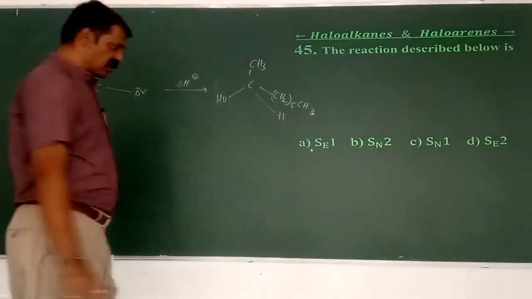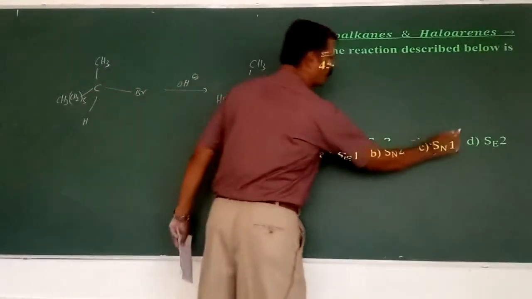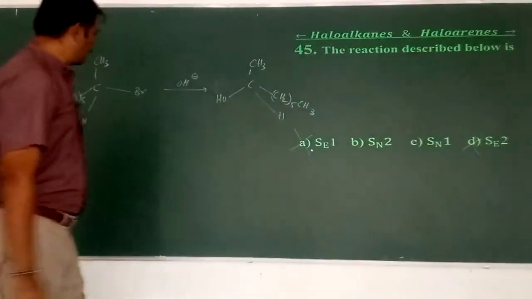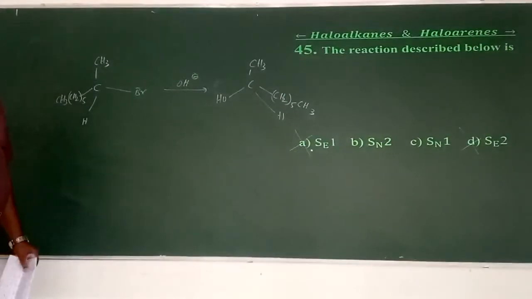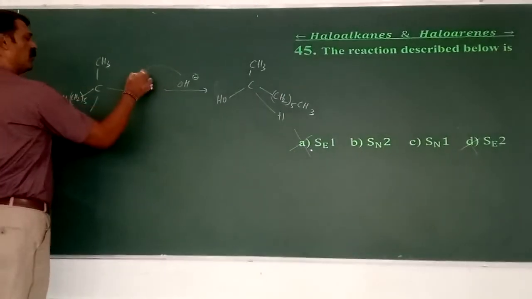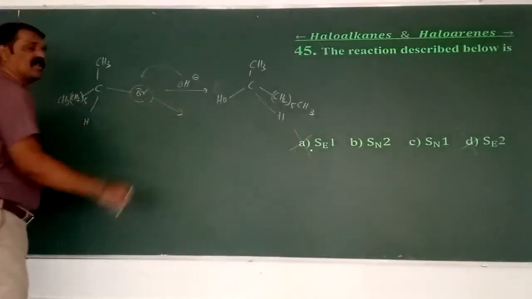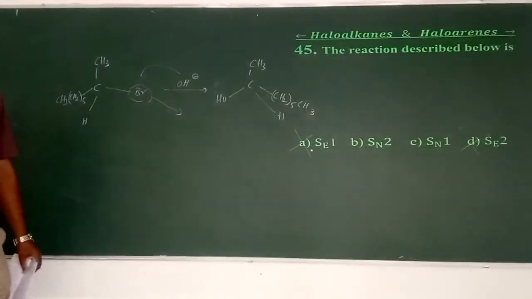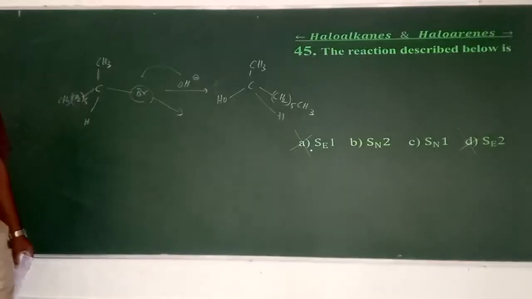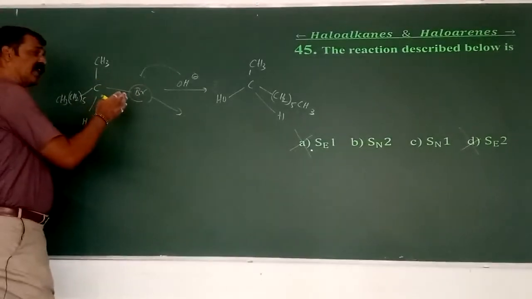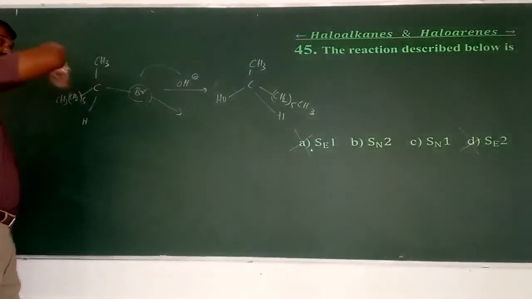I am deleting first this and this. Why? Br has been replaced by OH minus. It is not an elimination, it is a substitution. But whether it is SN1 or SN2 depends on whether OH minus is attacking from the same side or the opposite side. It is attacking from the back side.